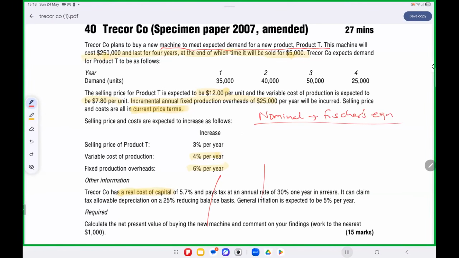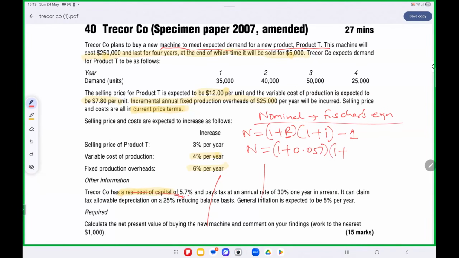Fisher's equation: nominal should be equal to 1 plus real, into 1 plus inflation, general inflation, minus 1. So to get my nominal, which I'll be using for discounting purposes, it will be 1 plus the real cost of capital given here, 0.057, into 1 plus the general inflation.